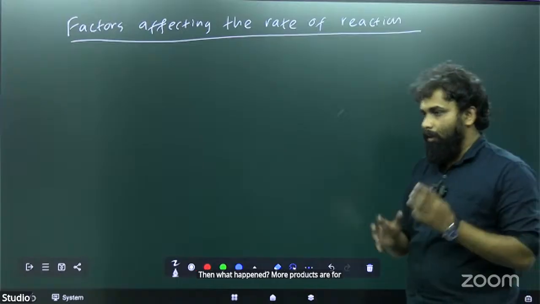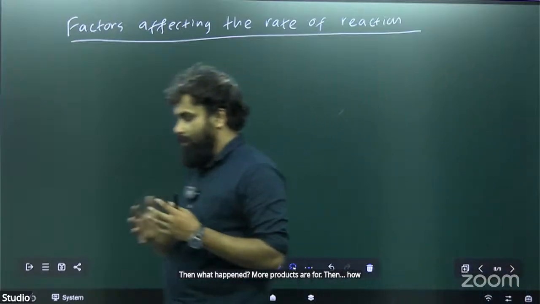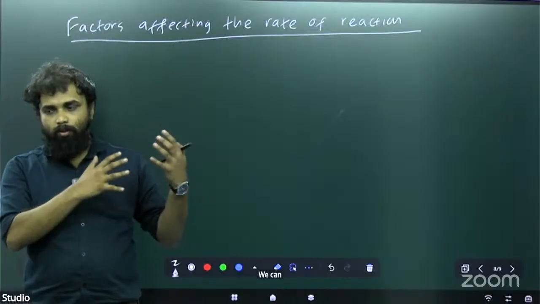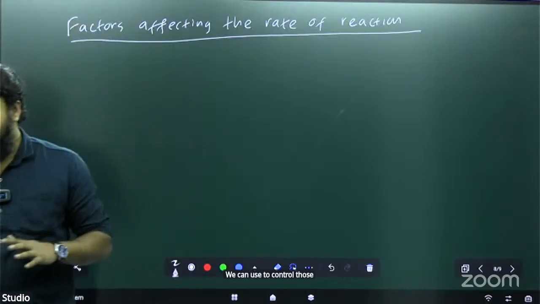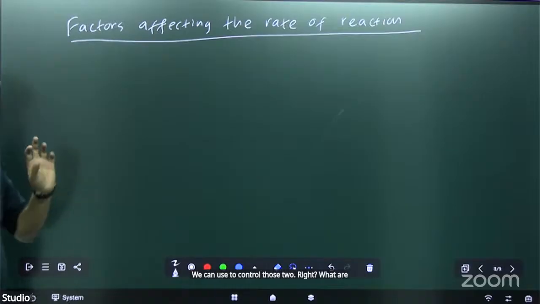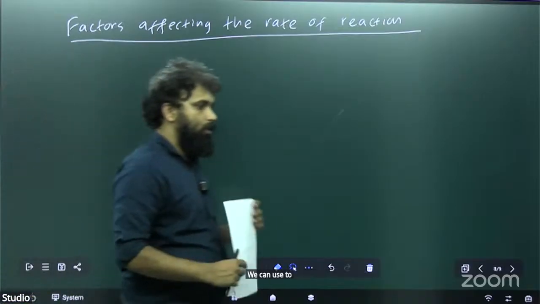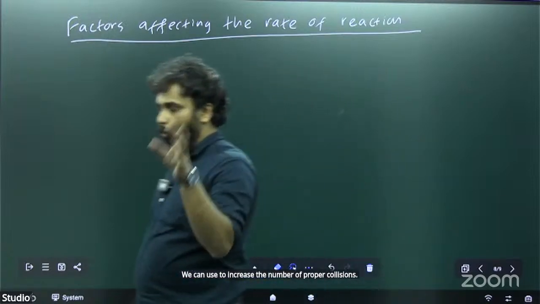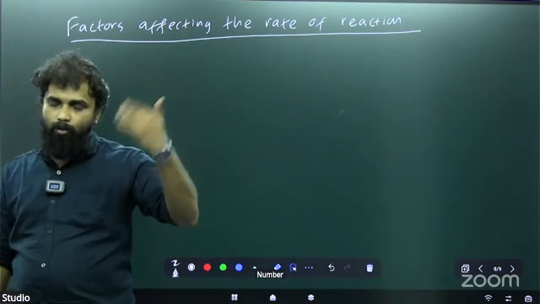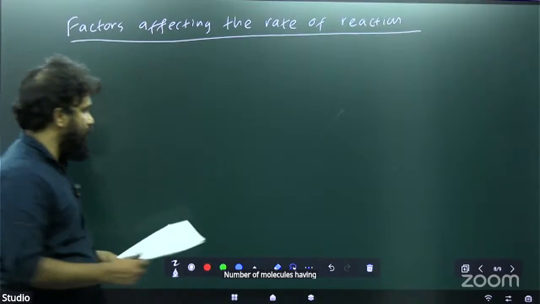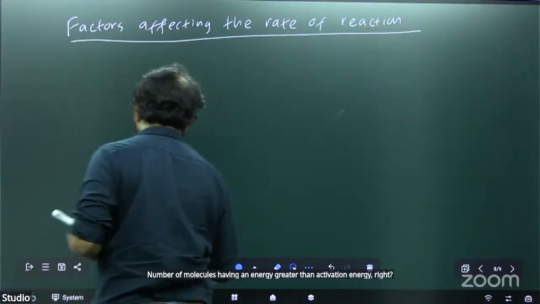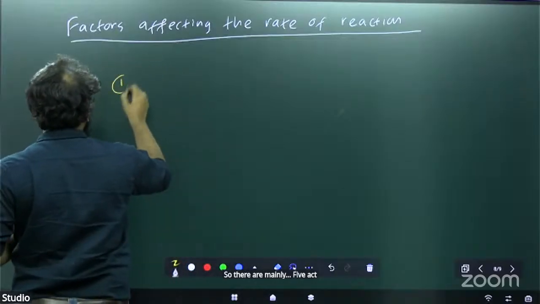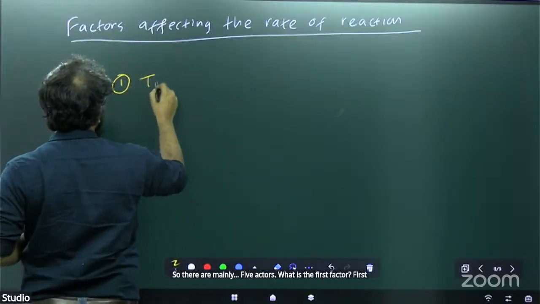What are the factors we can use to control those two? There are mainly 5 factors. The first factor is temperature.